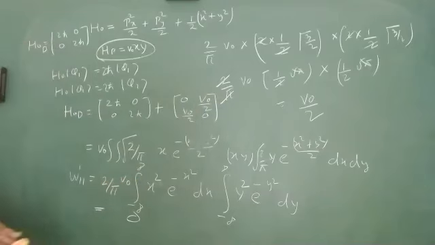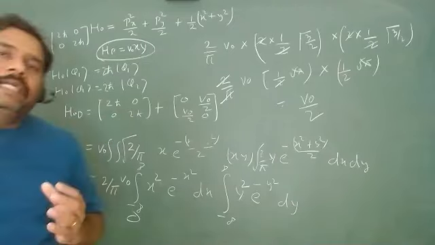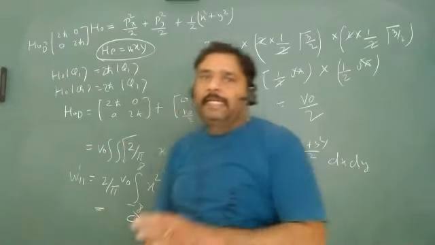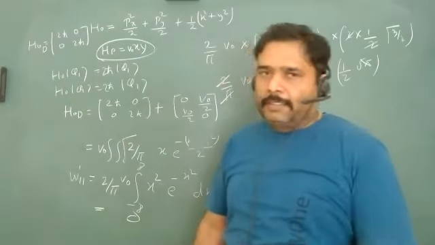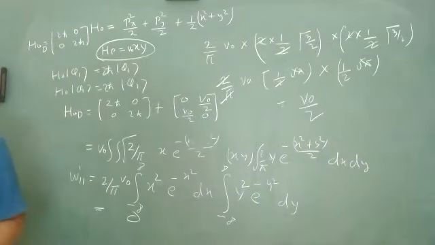This is your W dash, and you can again see that W dash is not diagonal. It is not necessary that in the basis in which H naught is diagonal, W dash is also diagonal. So you can see how we can approach this.